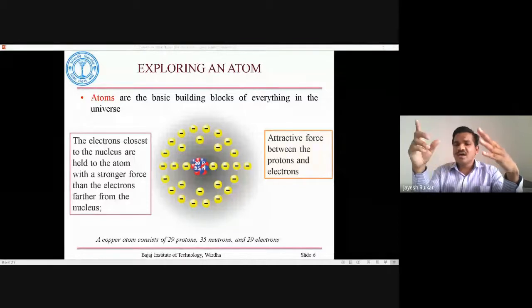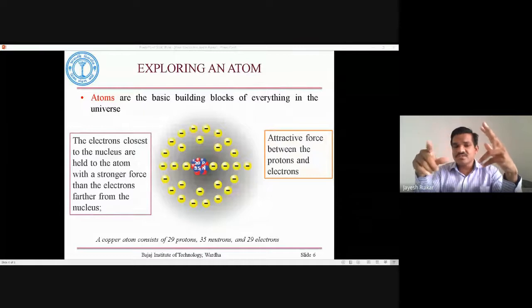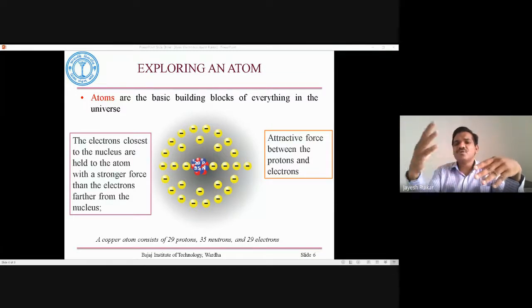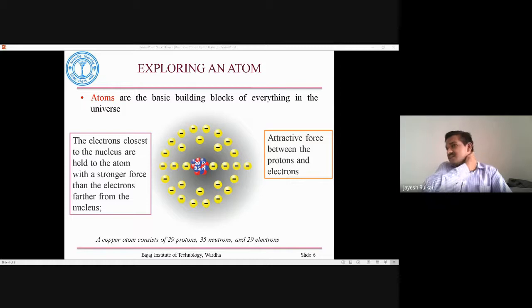Electrons are revolving around the nucleus, and the distance between the electrons and the nucleus matters. If the distance is less, then the force is stronger. If the distance is far, then the force is weaker. This is the concept behind how electric current, or conduction, takes place.